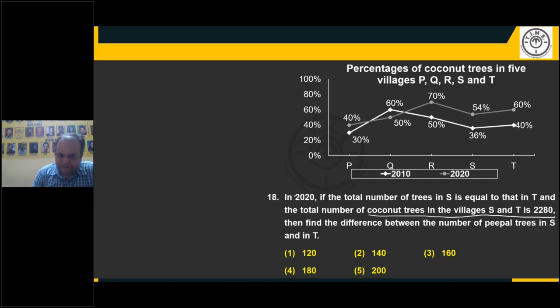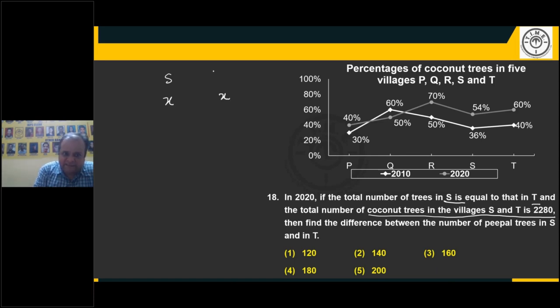So the question says in 2020, the total number of trees in S is equal to that in T, right? Now, total trees are equal. Let's say the total trees are X in both places.